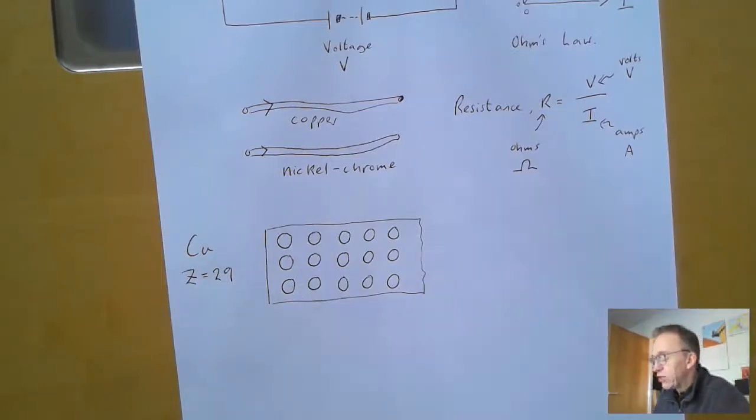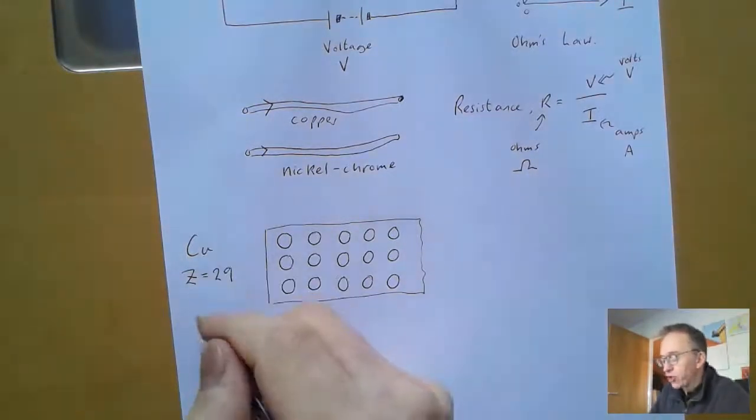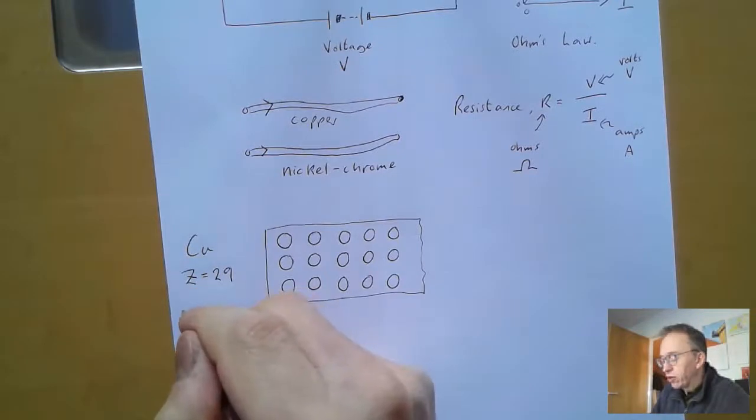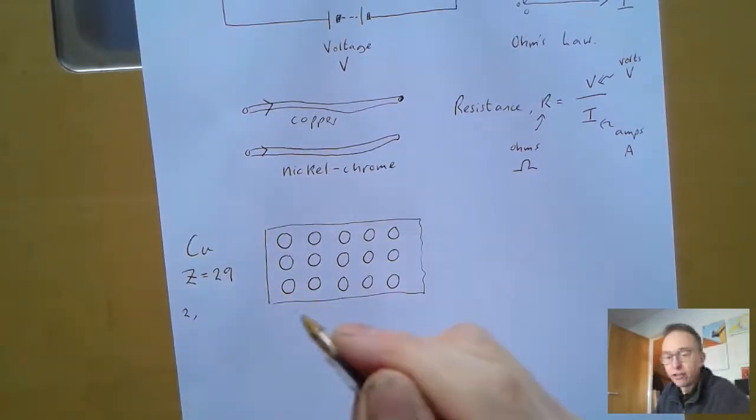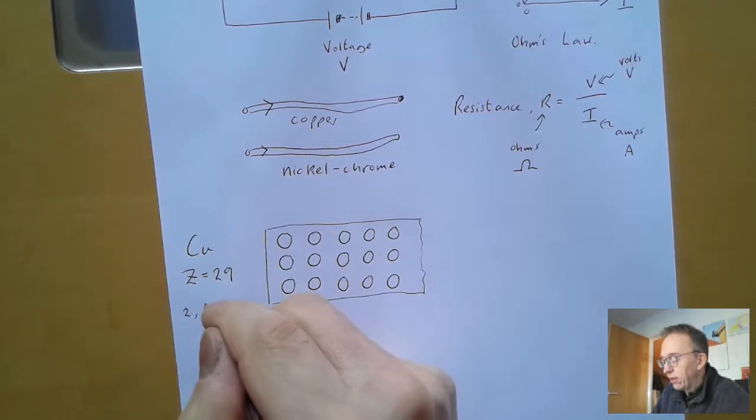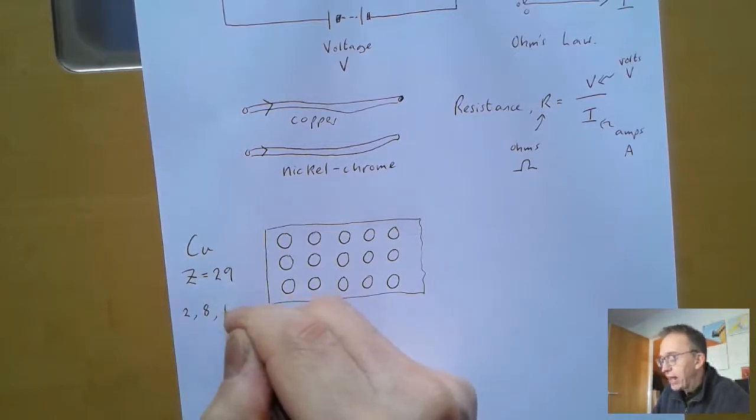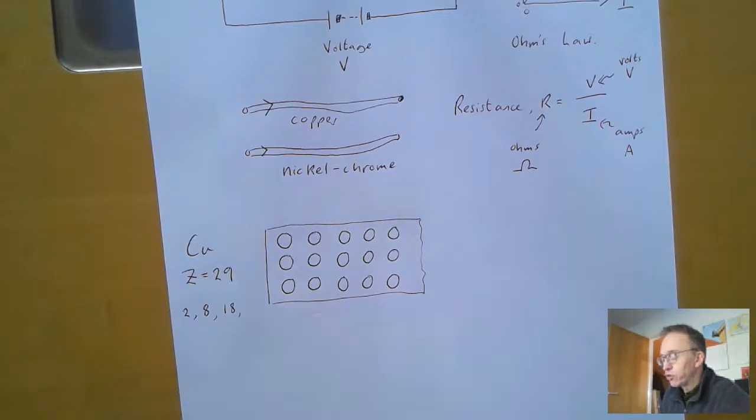Now, each one of those atoms has got 29 electrons orbiting it, and they're arranged in the electron shells according to the rules for filling up the electron shells: 2 in the first shell, 8 in the next one, 18 in the next one, and that makes 28. So the 29th electron is all by itself in an outer shell.